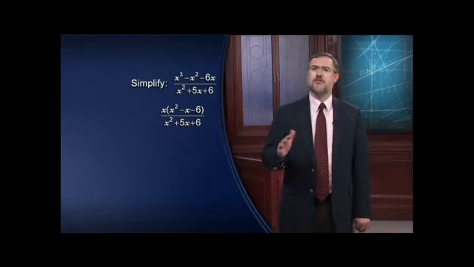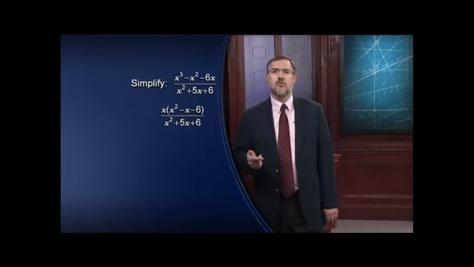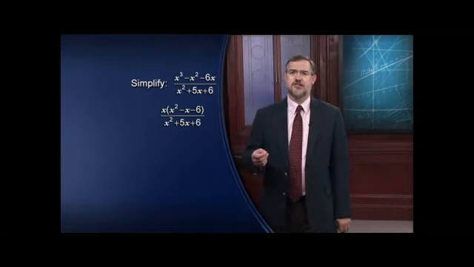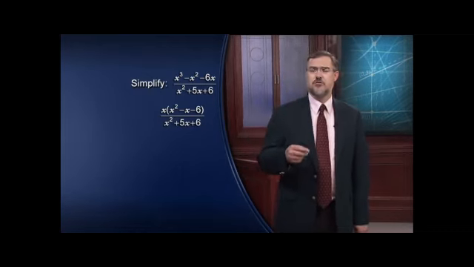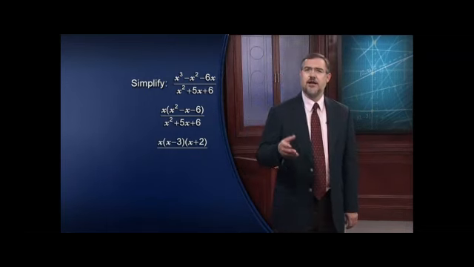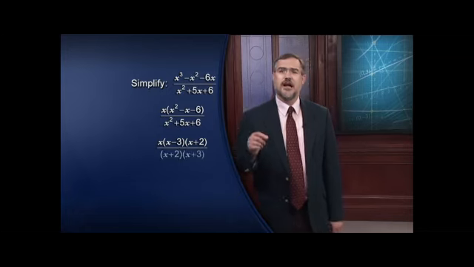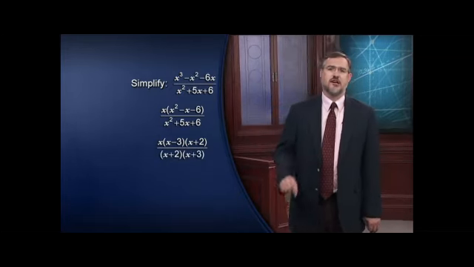Now, after a little bit of work, we should find that the numerator can be factored a bit more, because x squared minus x minus 6 is equal to x minus 3 times x plus 2. And in a similar way, I can factor the denominator. The denominator is the same as x plus 2 times x plus 3.